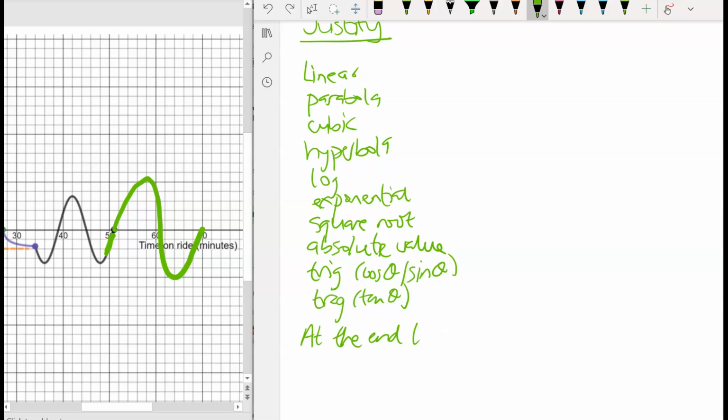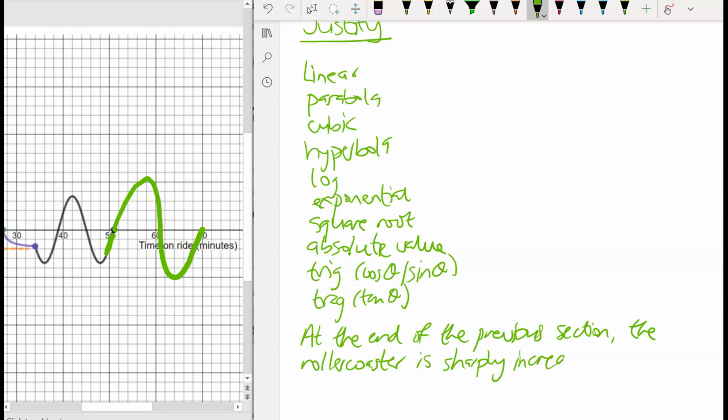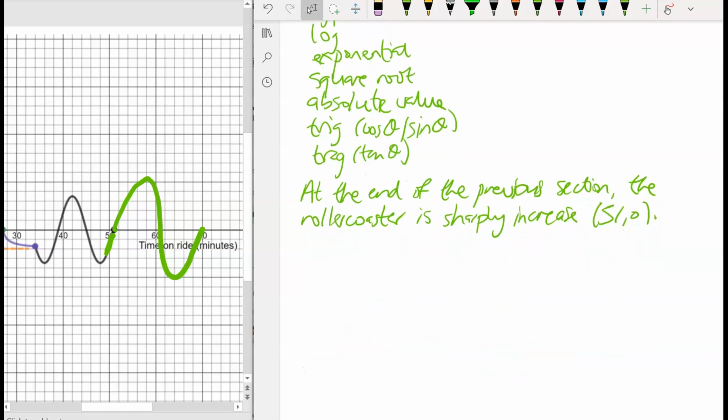At the end of the previous section, the roller coaster is sharply increasing. And that's at 0.51. That's that start point. And because the roller coaster is increasing, we have to use a model that increases.